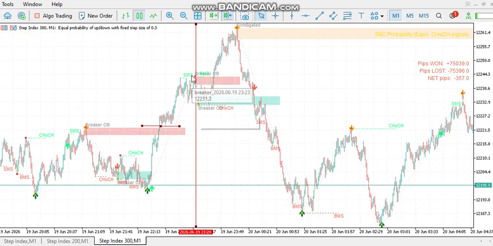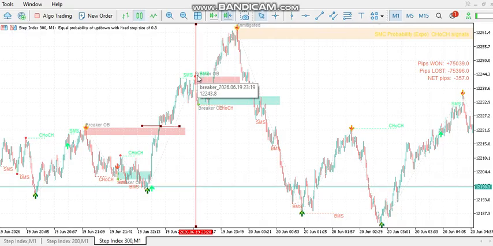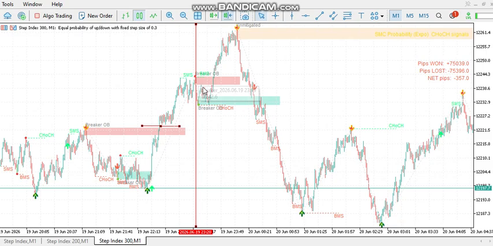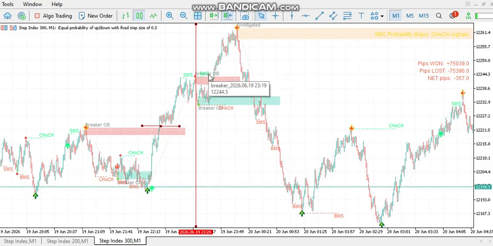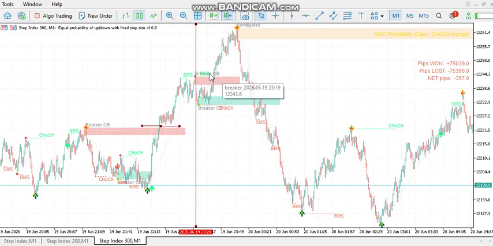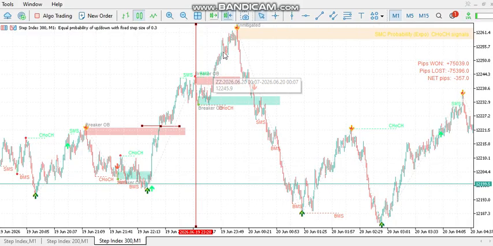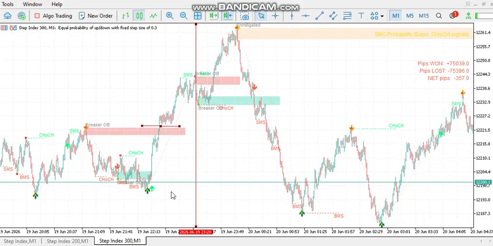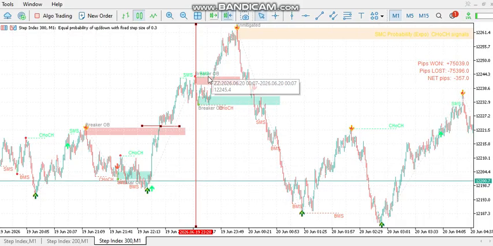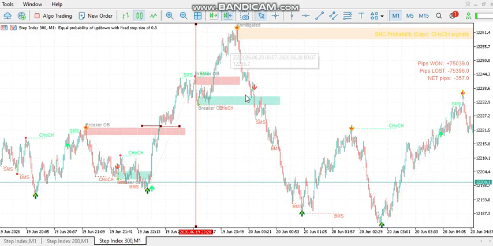You can see it goes to a high level and breaks down to this zone, and our entry confirmation is going to be when it breaks this breaker OB. When it breaks this breaker OB, then you take your market on an uptrend, because we're already on an uptrend level.